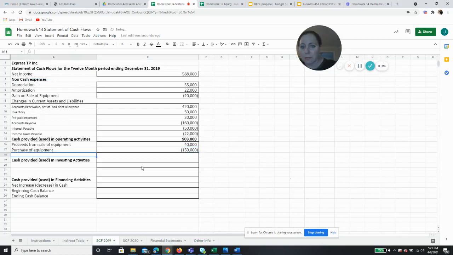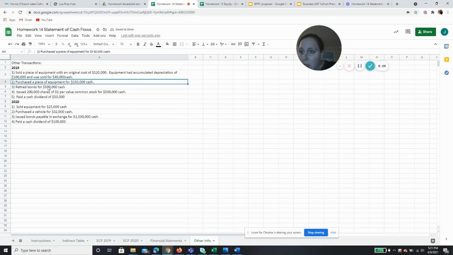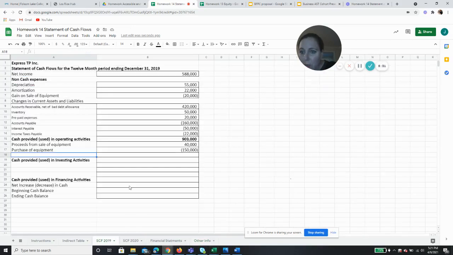Cash went out the door. And then let me see if there's anything else. Nothing else for investing. So the rest will go down in financing. So we're going to go ahead and add up all of our investing activities. And we had a use of cash of 110,000. 110 went out the door.